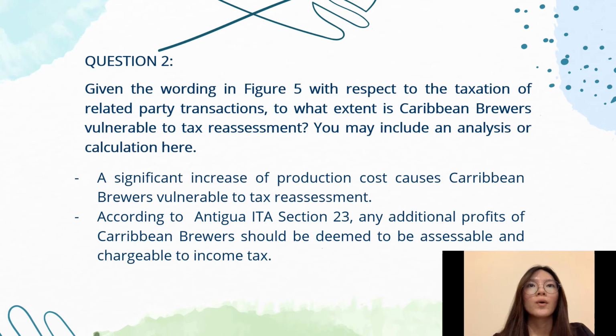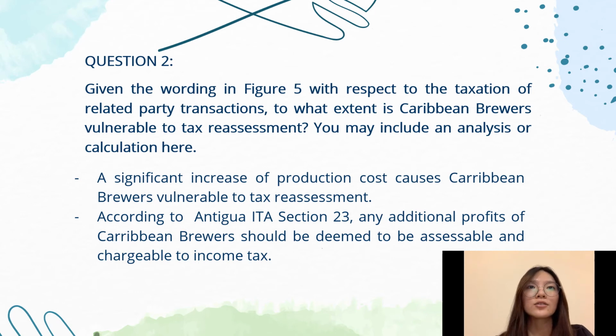Question 2. Why is Columbia Bourbon vulnerable to tax reassessment? According to the Income Tax Act Section 223, Columbia Bourbon, a resident corporation, carries on business with Gerlach Caribbean, a non-resident corporation, and by reason of the relationship between such corporations, the terms of business between them have been so arranged that the business done by the resident produces less profit than could be expected to arise from that business.